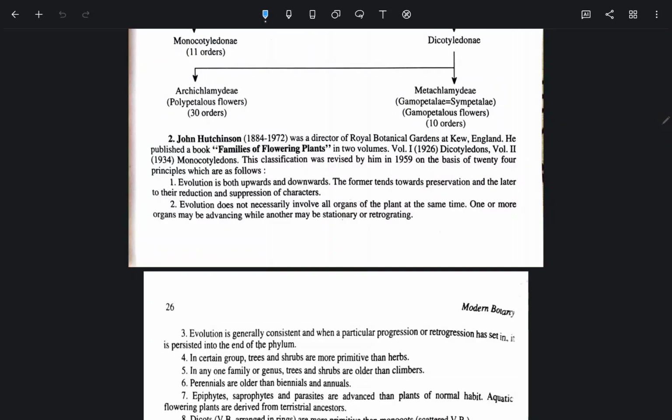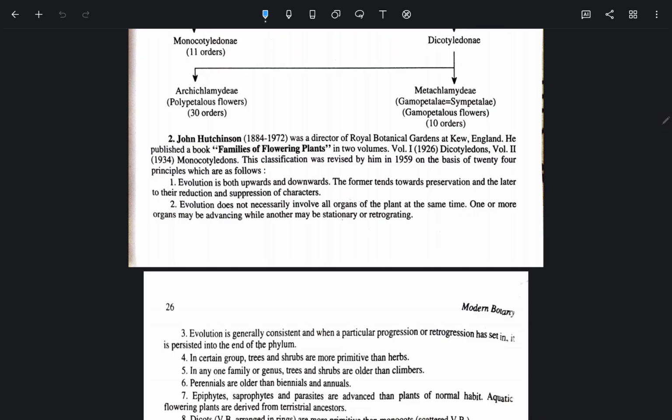John Hutchinson was a director of the Royal Botanic Gardens at Kew, England. He published a book, Families of Flowering Plants, in two volumes. Volume 1 in 1926, Dicotyledons; Volume 2, Monocotyledons.